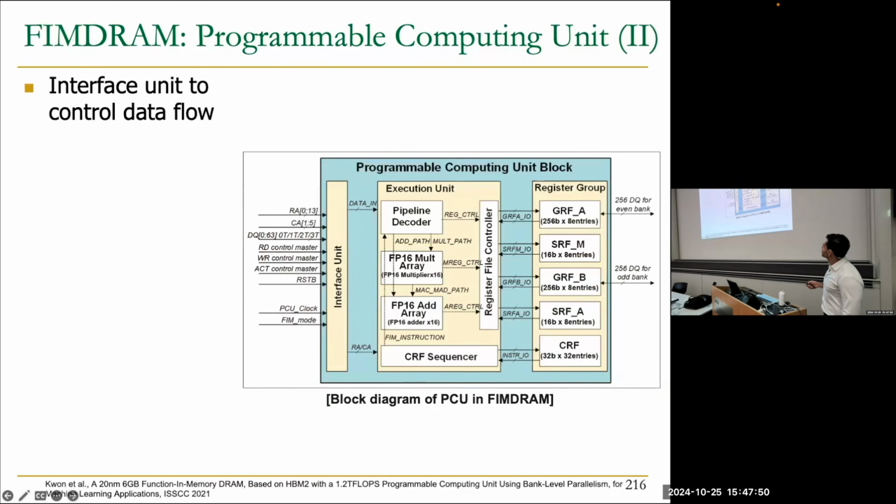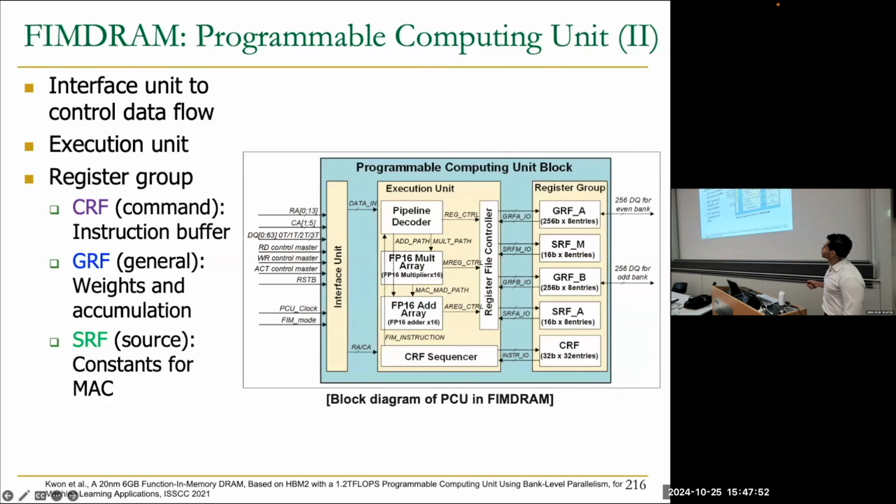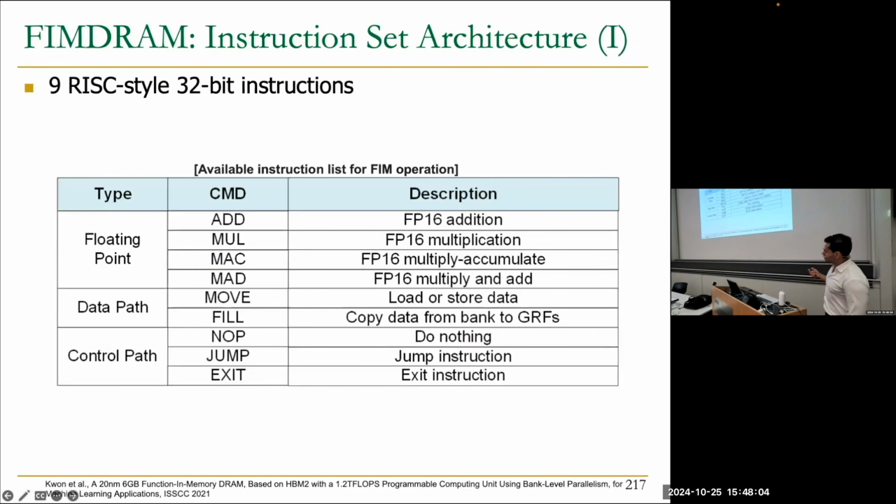This is another view of the same thing. What we have, as I mentioned, is the command buffer, some pipeline decoder, some sequencer, and some register files. The instruction set is quite limited because we are just targeting neural network MAC operations.